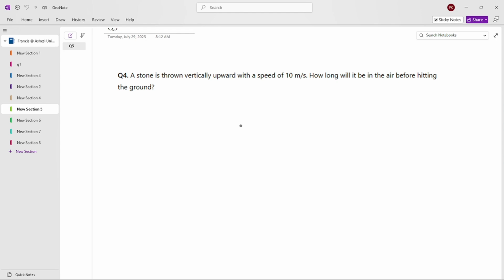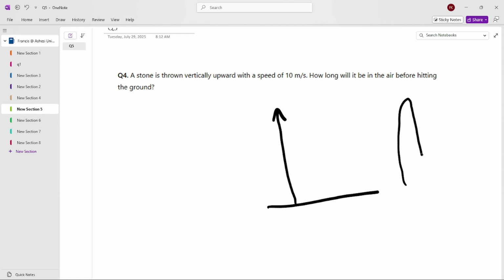So before we do this, if you throw something into the air, it goes up, and then begins to fall down.